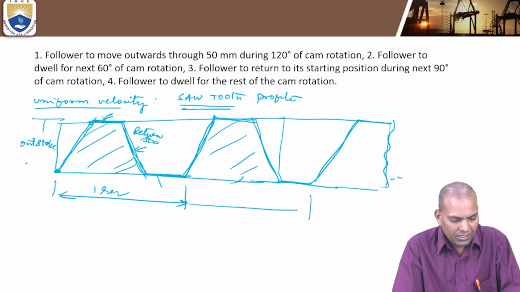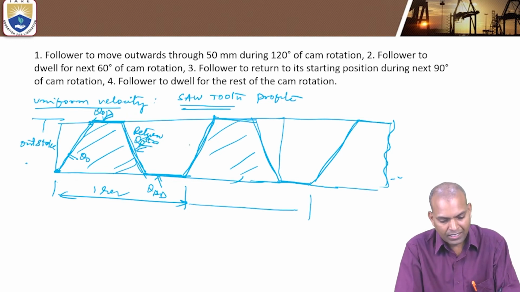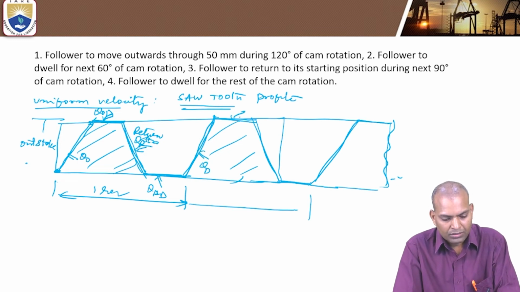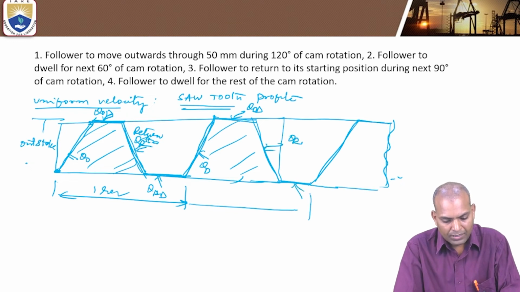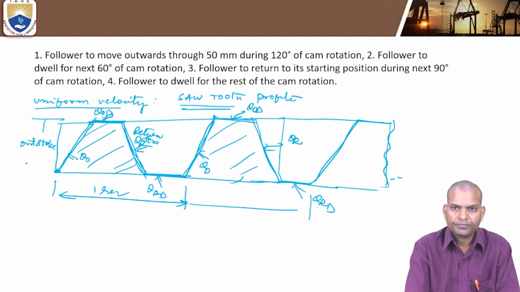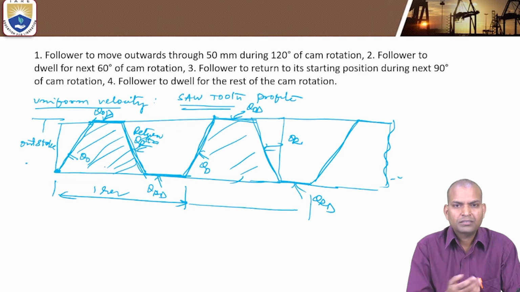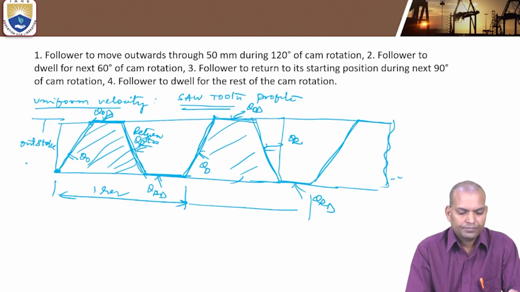This portion is dwell, theta RD. This is theta O, this is theta OD, this is theta R, theta RD. Again after that it begins again with theta O, theta OD, theta R, and theta RD. In that manner, the motion of the follower takes place.